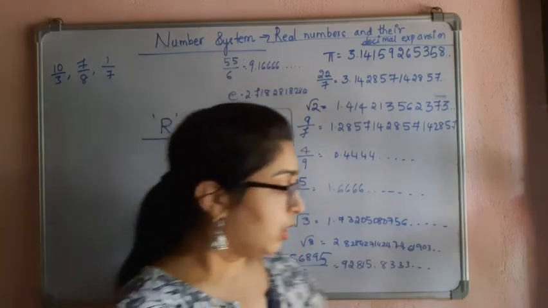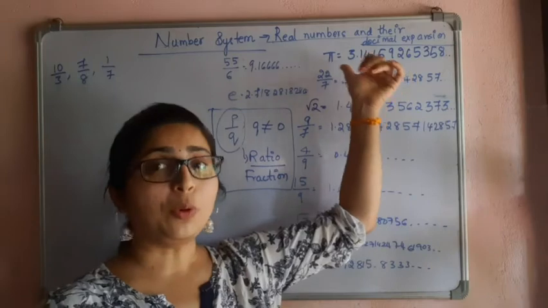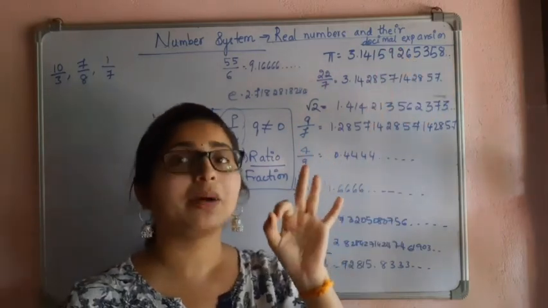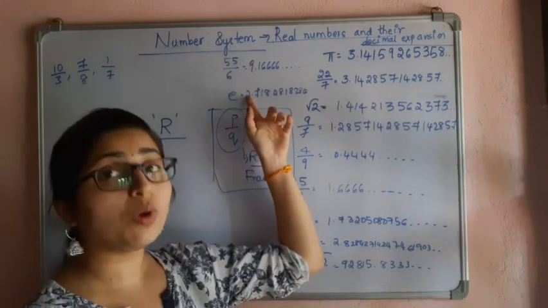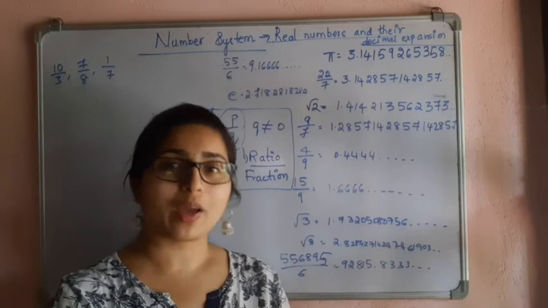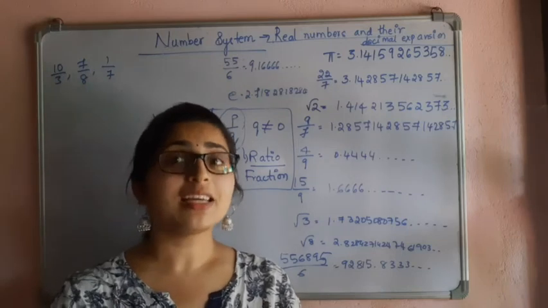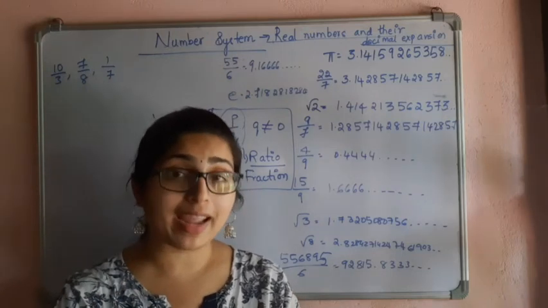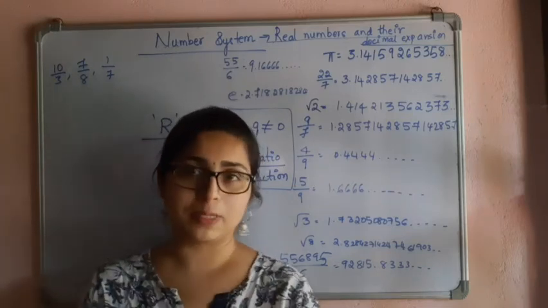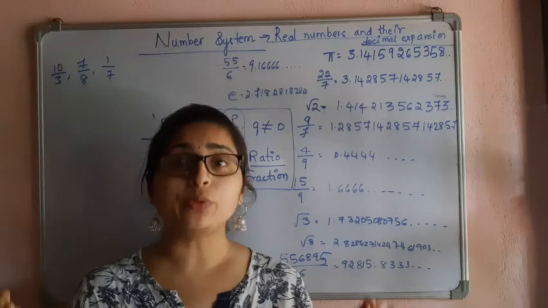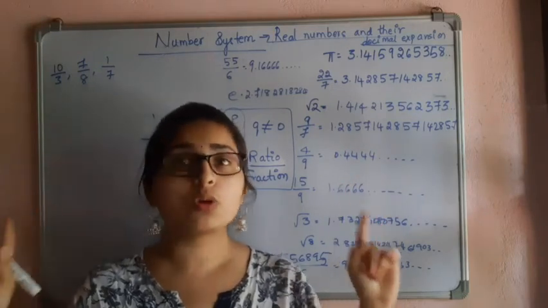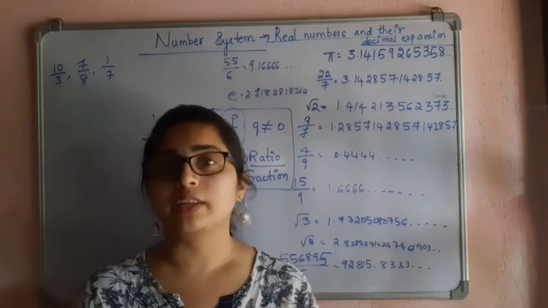Pi, as I have already told you, is an irrational number. Euler's number e is also an irrational number. Square root of 2, 3, 5, 7, 8 and 11 are all irrational numbers. I said in the last video to remember one point: all roots are not irrational numbers.